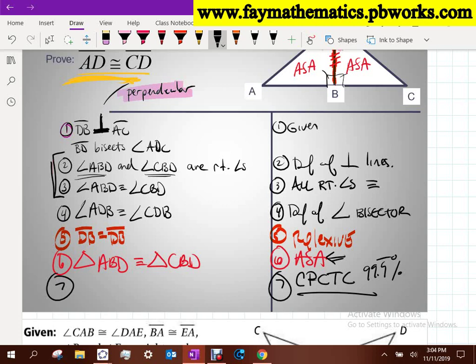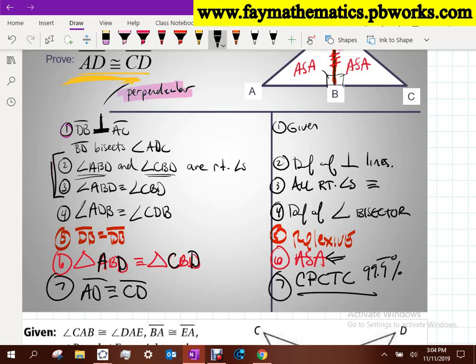Off the top of my head, I can't even think of a reason why you would not follow it by that. Okay, so this might actually be 100%. If I look at this, would you agree that AD, first and last letters there, CD, first and last letters there, right? So AD is congruent to CD by CPCTC.